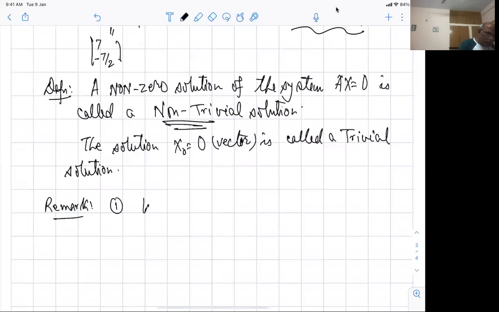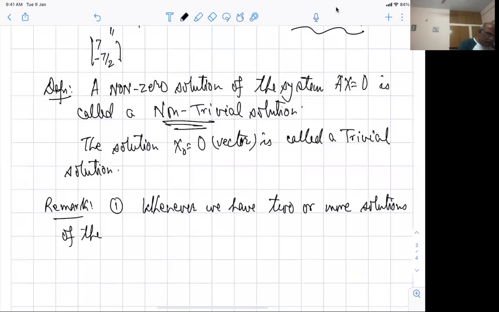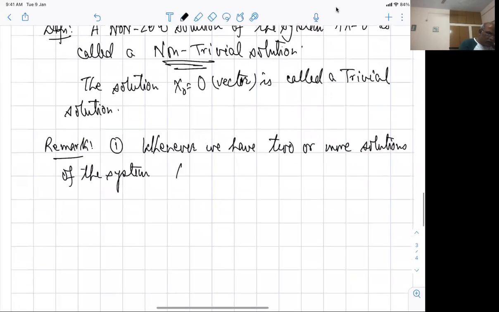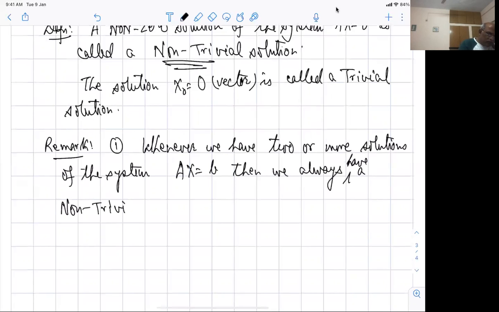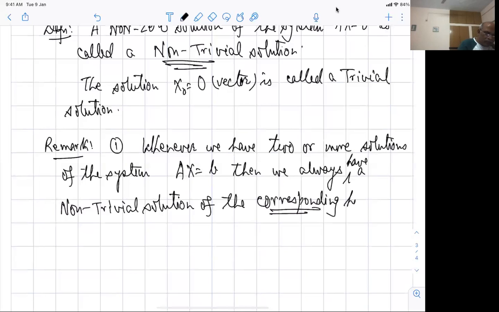One, whenever we have two or more solutions of the system Ax is equal to B, then we always have a non-trivial solution of the corresponding homogeneous system Ax is equal to 0.